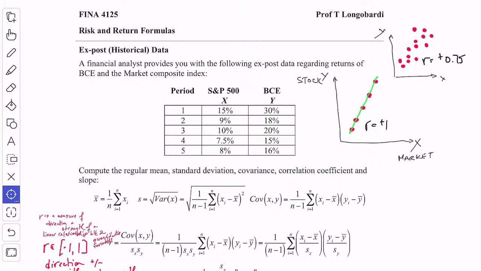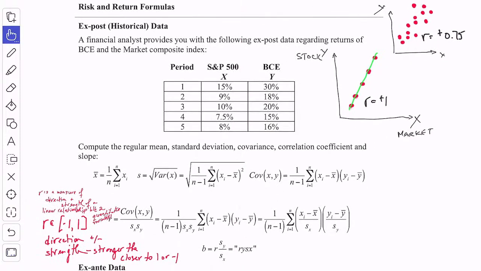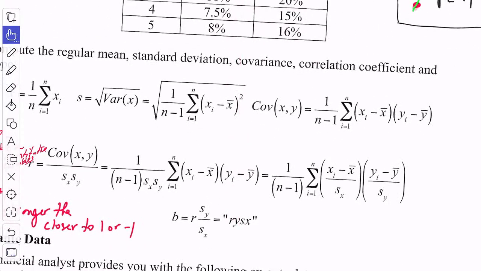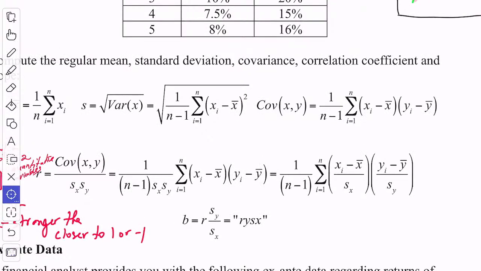All right, and that brings us to what in the world is B. B is a measure of the slope. The slope you see here actually depends on R, and then a ratio of the two standard deviations.